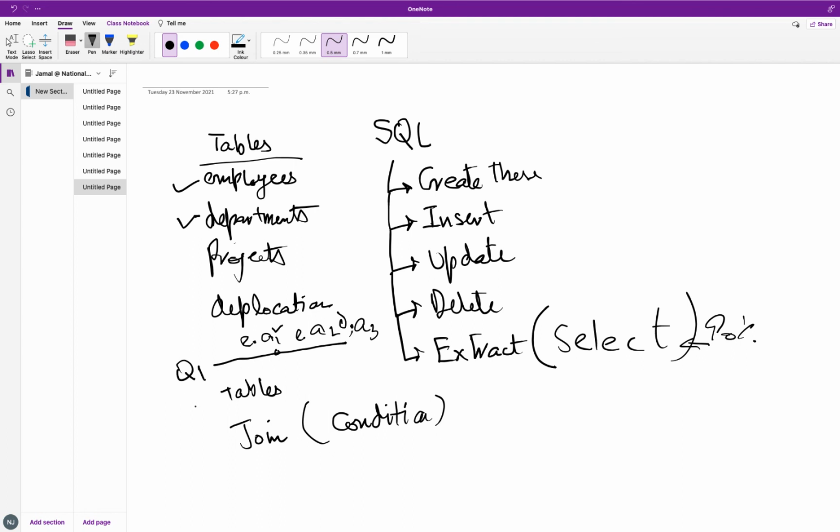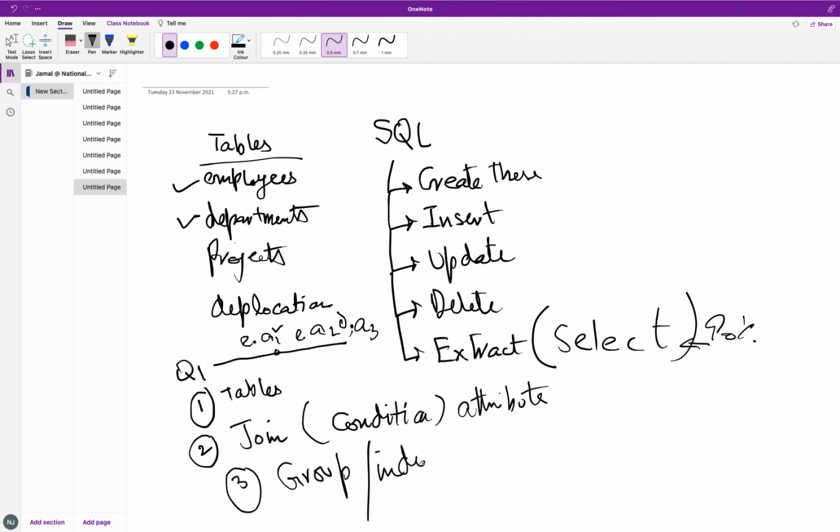Step 1, identify tables, if there are 2 or more tables. Second step, you have to identify the join condition, the join attribute. Third step, you have to check: is it talking about a group, or some sort of individual?